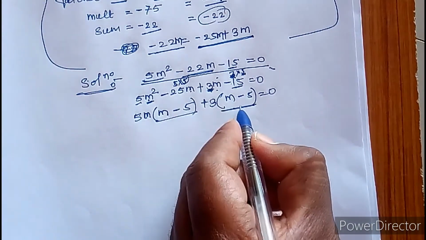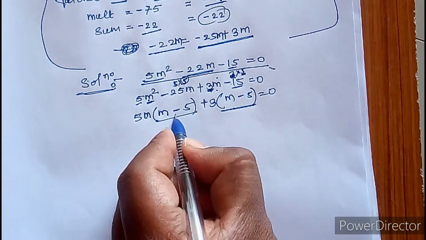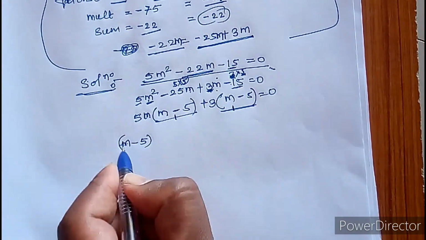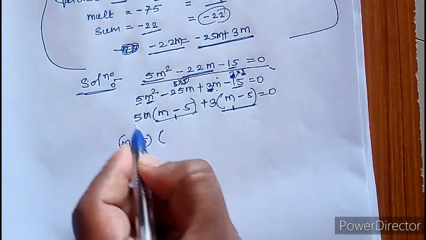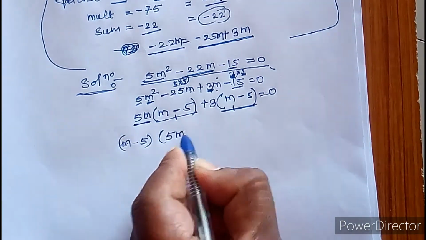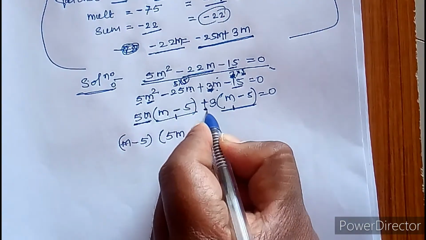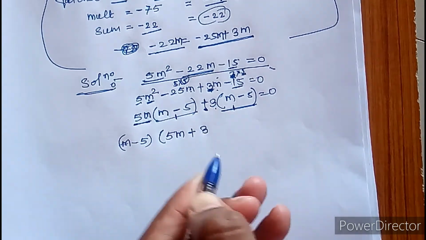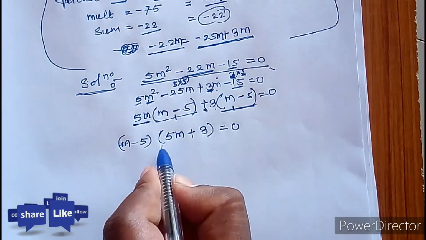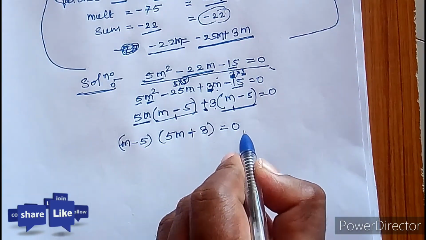Now m minus 5 and m minus 5 is common, therefore by taking m minus 5 common, 5m remains here, plus this 3, so 5m plus 3 equals to 0. We get m minus 5 into 5m plus 3 equals to 0.